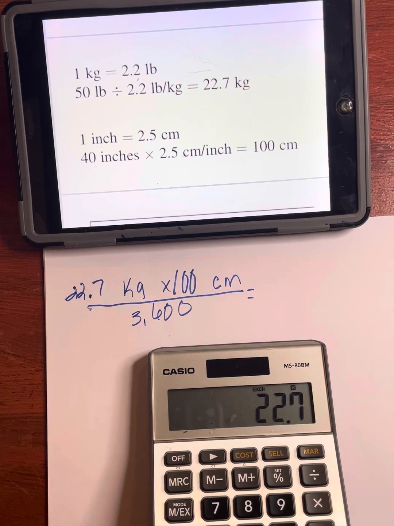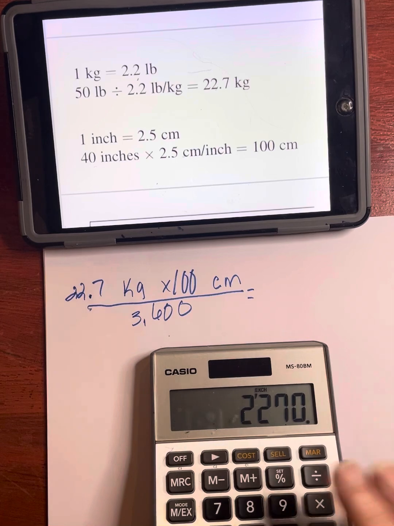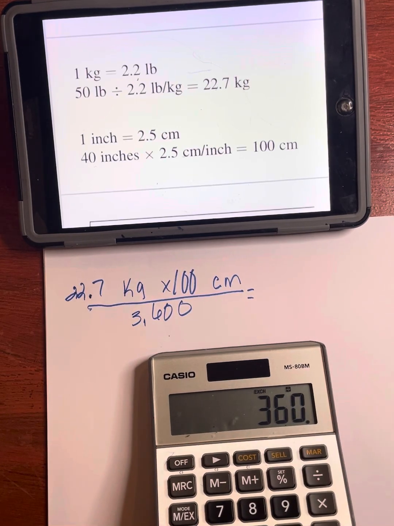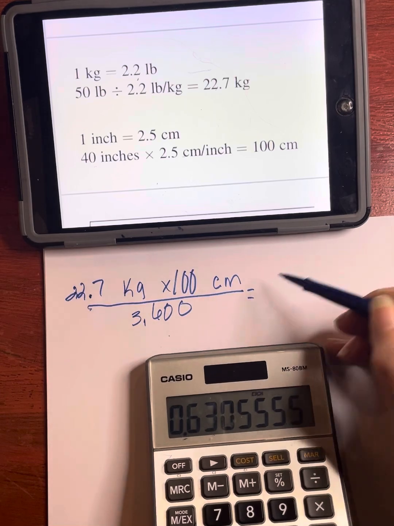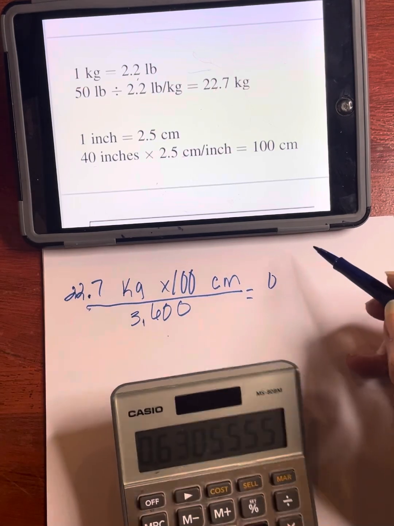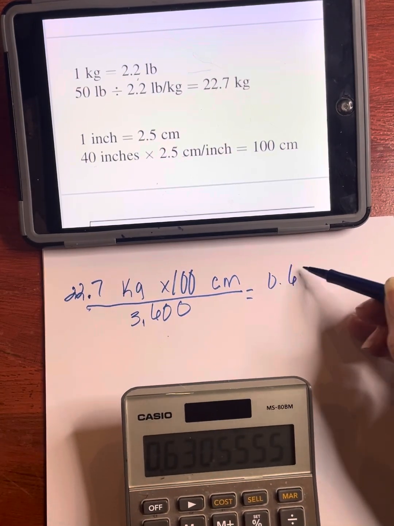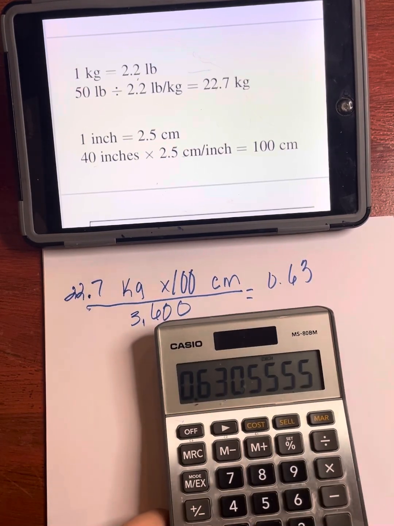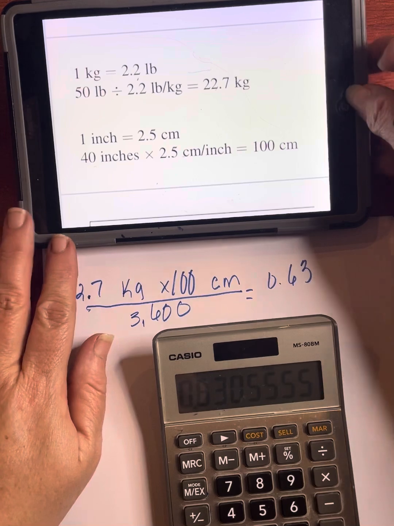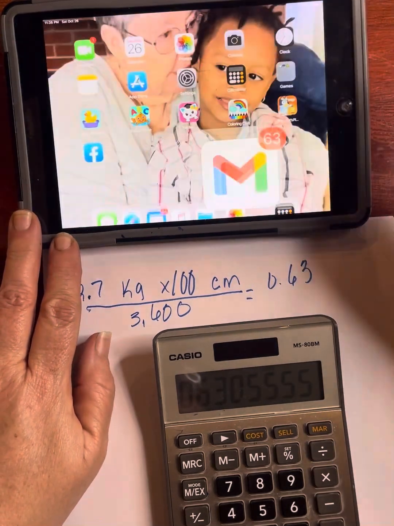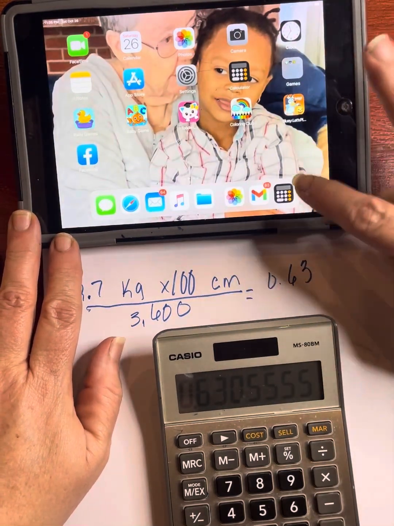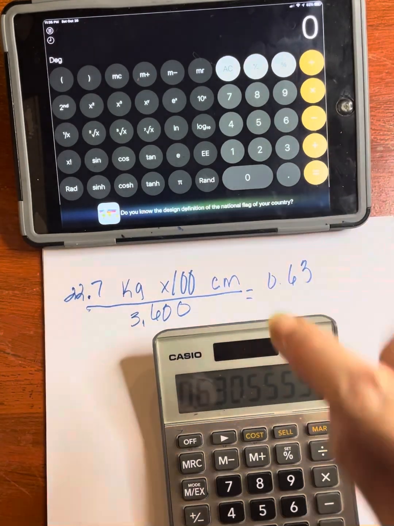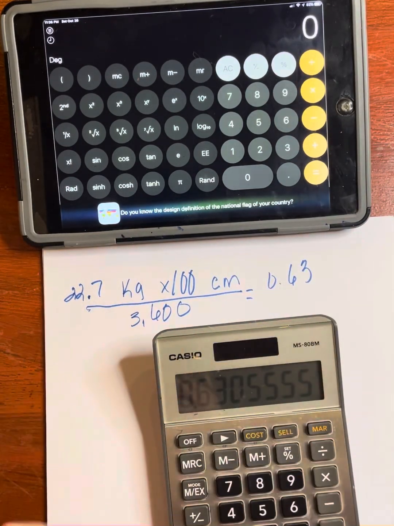22.7 times 100 equals, don't even look at it because you're not done, divided by 3,600 equals 0.63. Now, if I had a calculator that had a dead blank square root, I would just hit the square root right now.